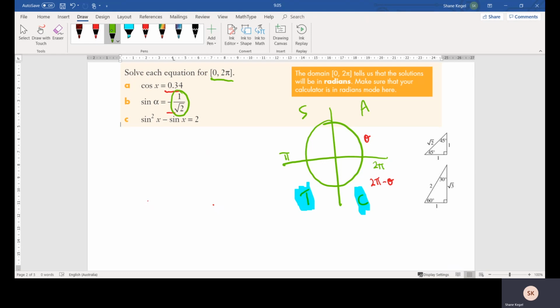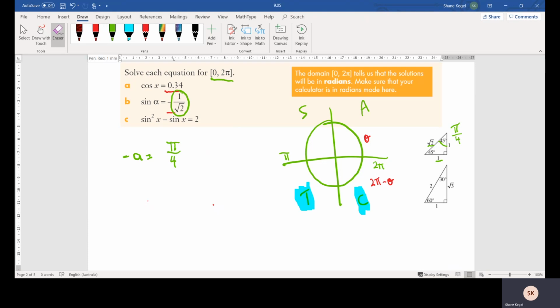So looking at my triangles here, 1 and root 2, sine is O over H. So I must be looking at 45 degrees, or the pi radians equivalent, given that 1 pi radian is 180, is pi over 4. So technically here, negative A is pi over 4.